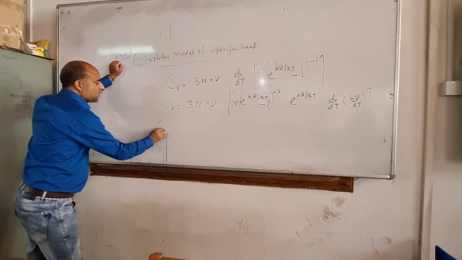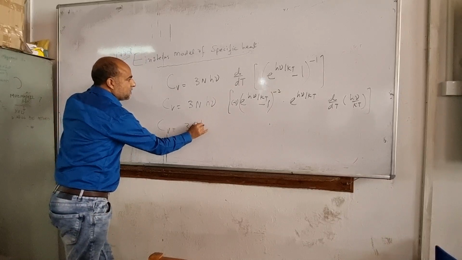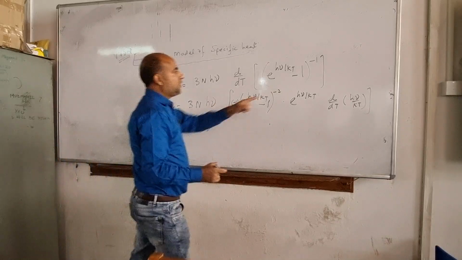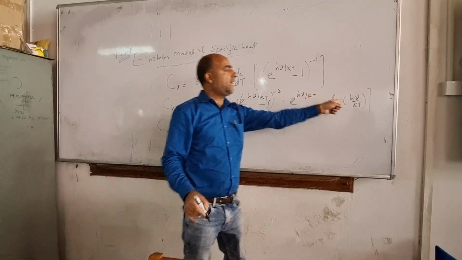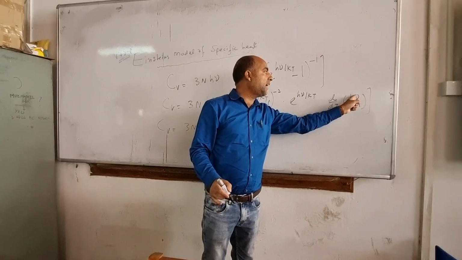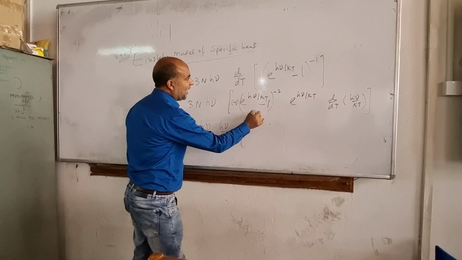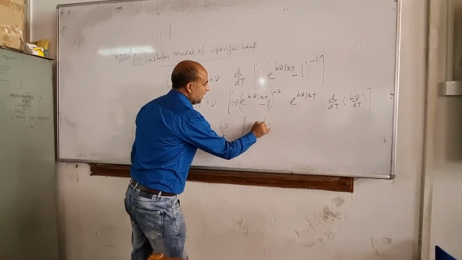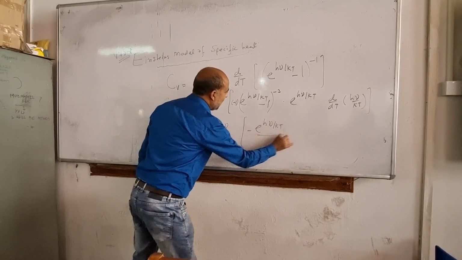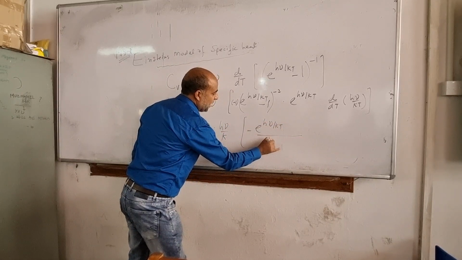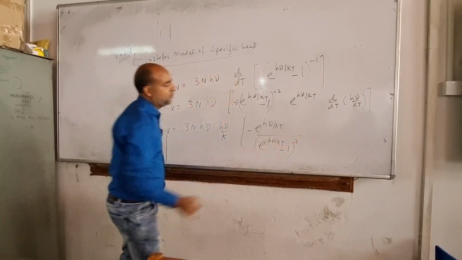So what is your Cv? Cv is equal to 3n h nu. h nu by k, another h nu by k, because h nu by k is constant. I have taken it out of the derivative. So you will write down this step as e raised power h nu by kt divided by (e raised power h nu by kt minus 1) raised power 2.